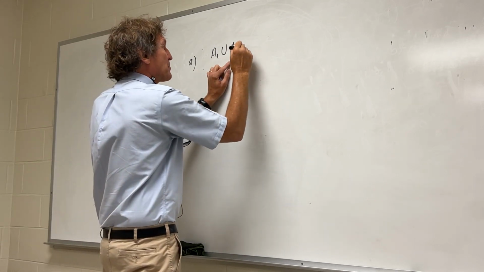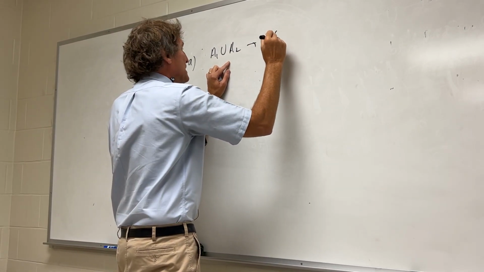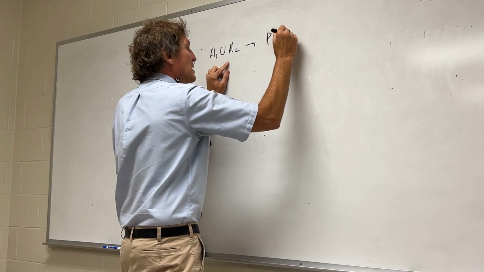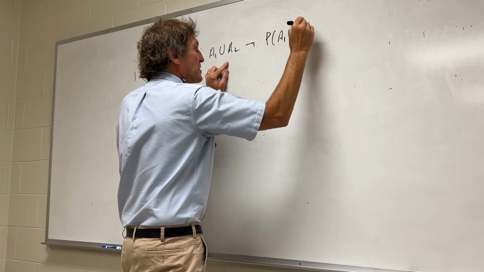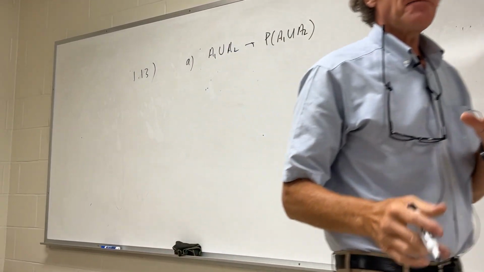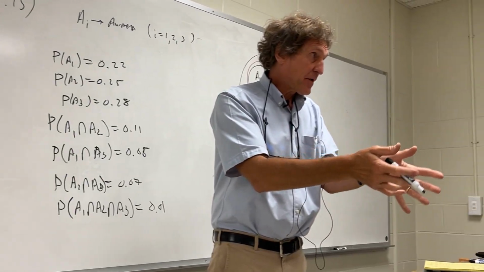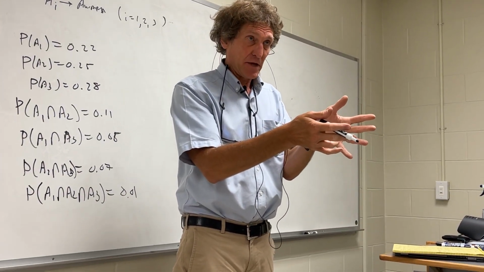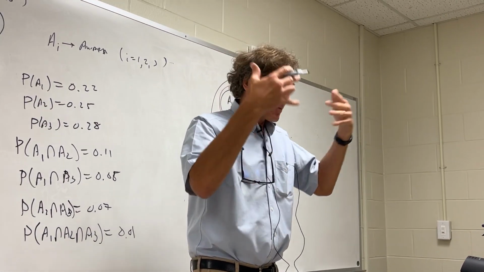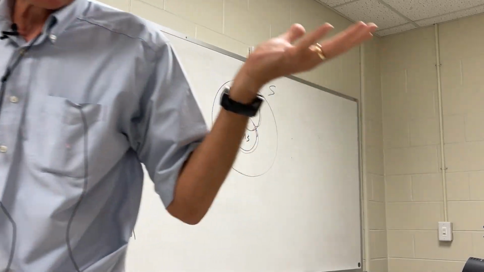Okay, now the probability of this is what I'm going to get at. So it's going to be A1 union A2. Now take a look at this for a second. If they were disjoint, if A1 and A2 had no overlap, it would just be the probability of A1 plus the probability of A2. Y'all follow me in that? It's proportional to the area. No overlap, just add the areas.